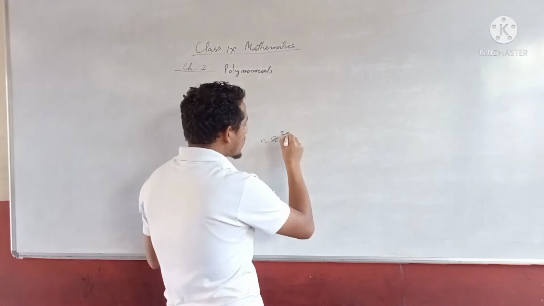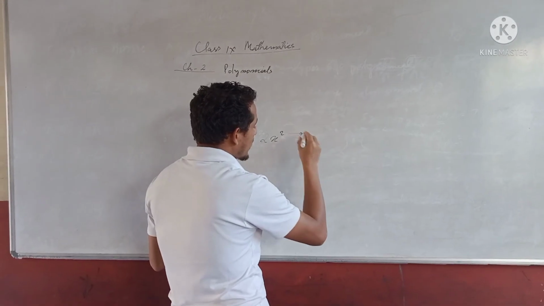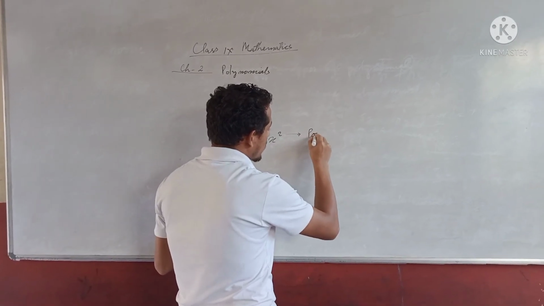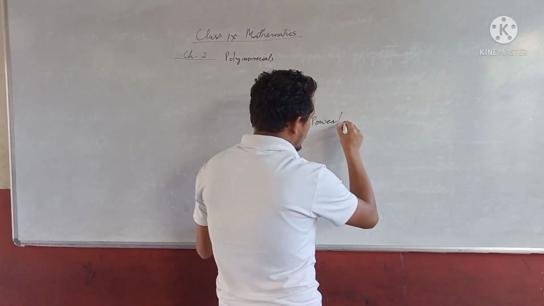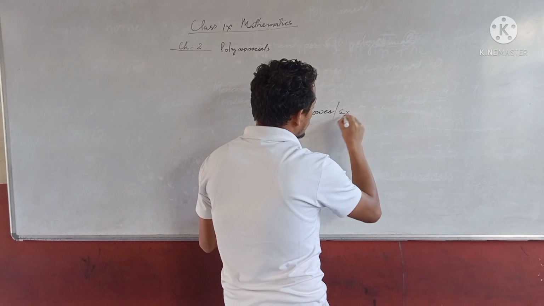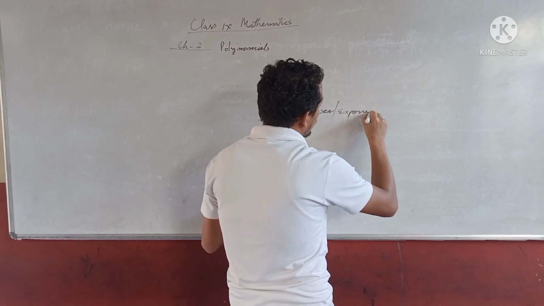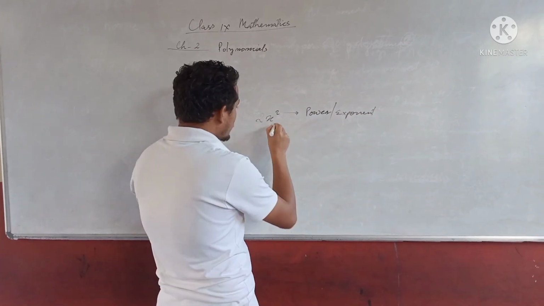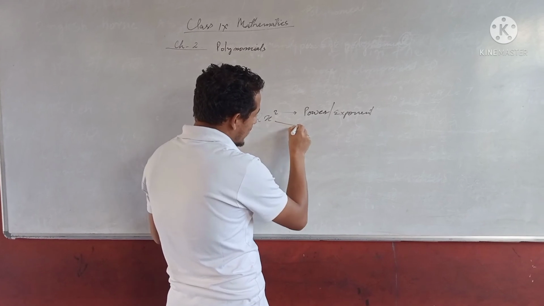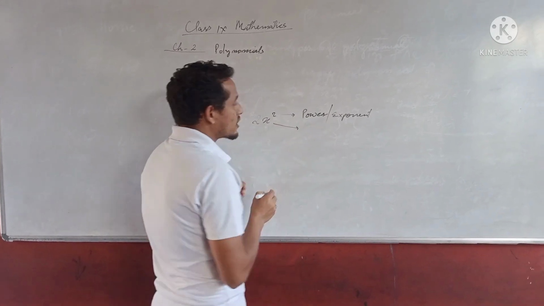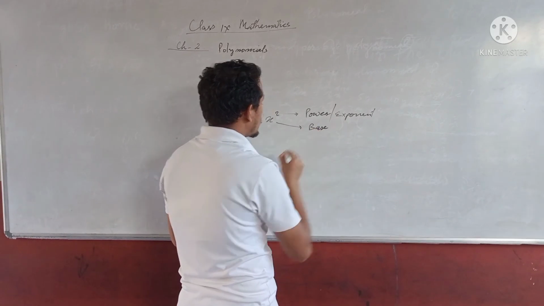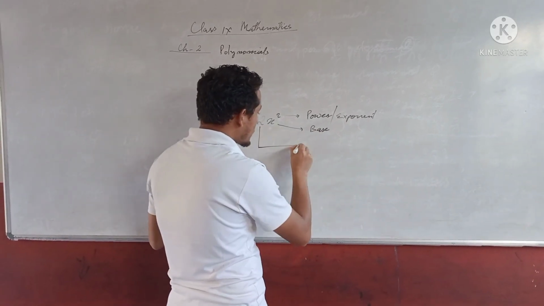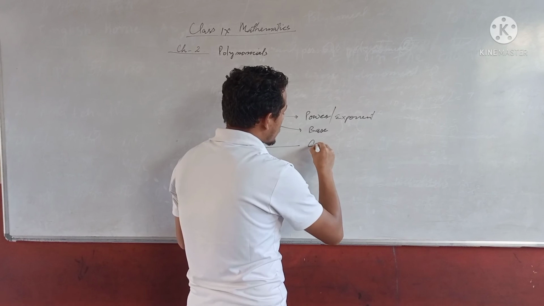This small number on top we call the power, or we can also call it the exponent. This variable is called the base, and this number is called the coefficient.